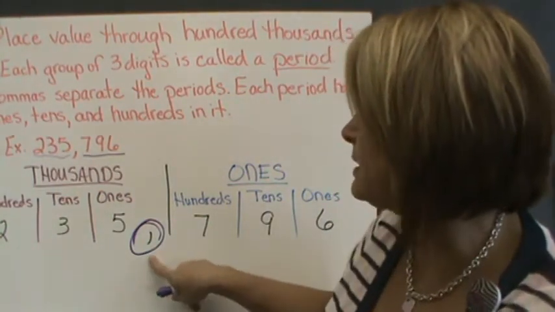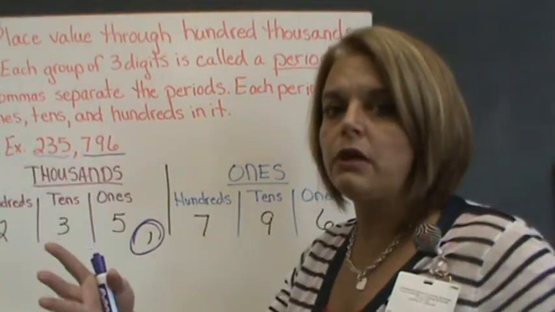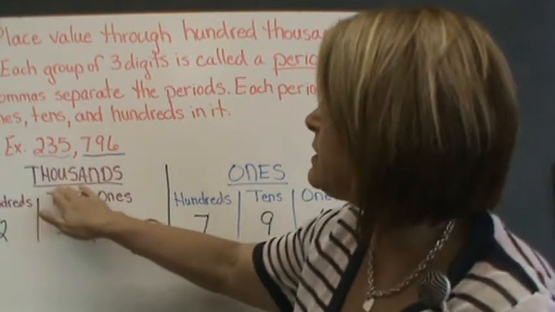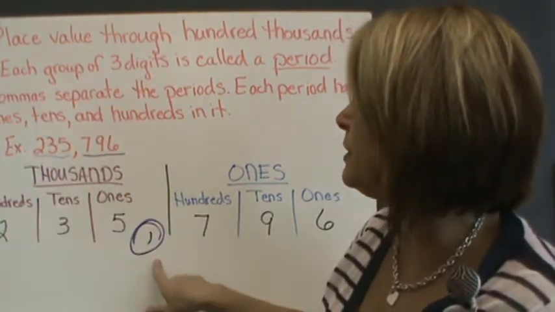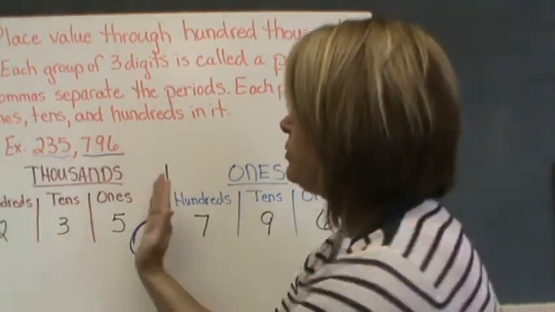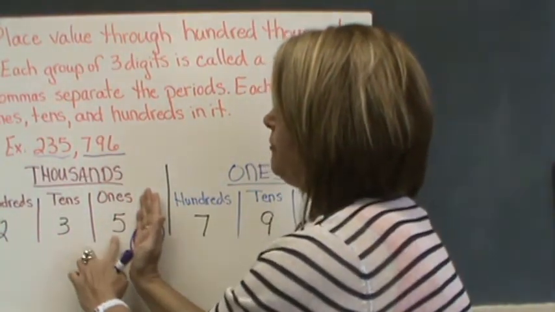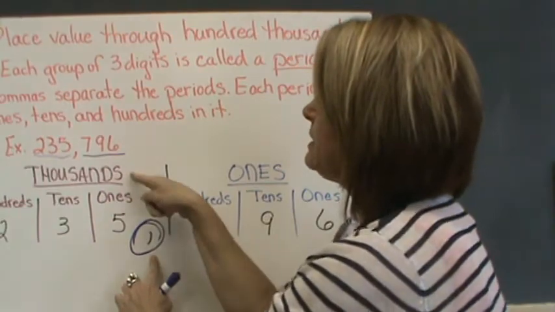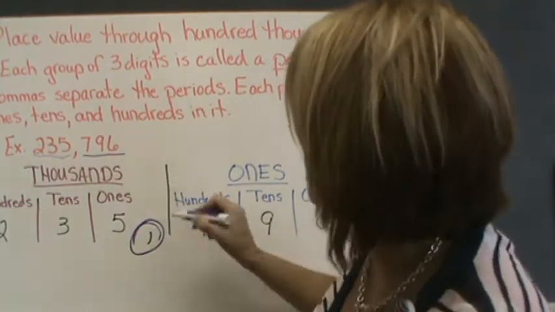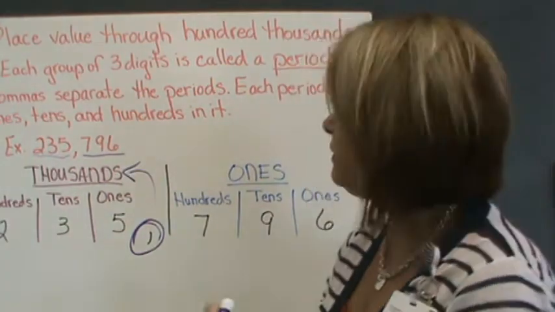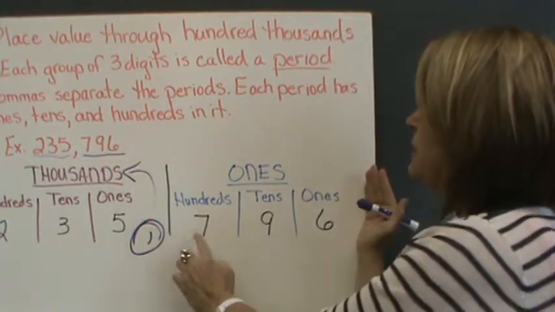This comma makes me tell everyone which period I just finished reading. Well, this is the thousands. I'm at a comma, so I'm going to read it just like it were by itself. 235. My comma makes me say thousands. 235,000.